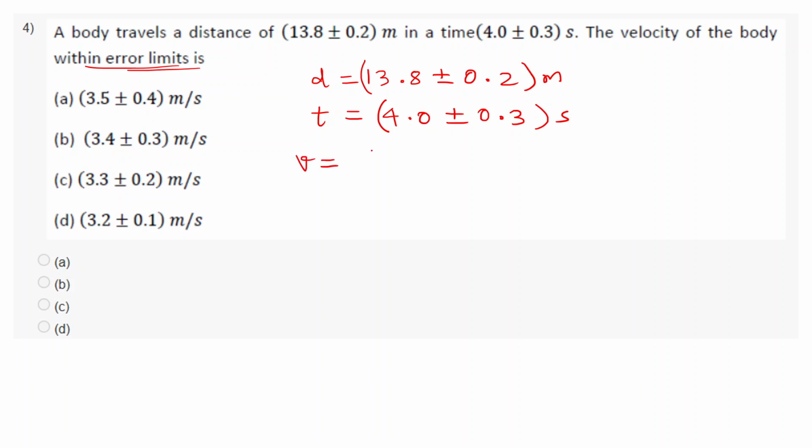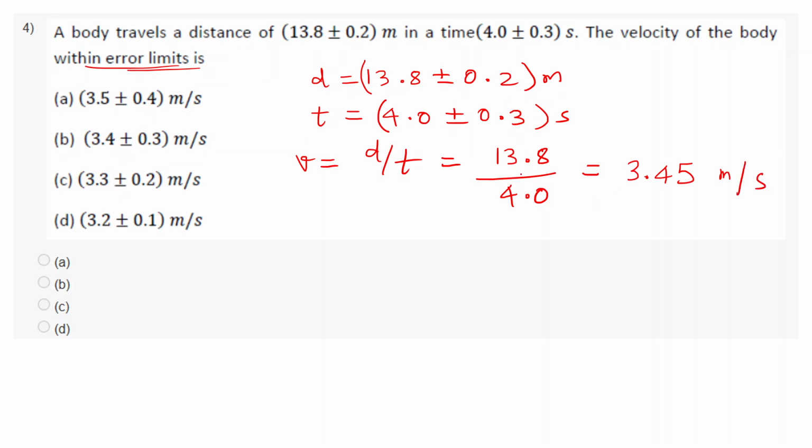So velocity we know, velocity is distance upon time. So this will be 13.8 divided by 4.0, and what we'll get from this is, let me calculate, 13.8 divided by 4.0 is 3.45 meters per second.